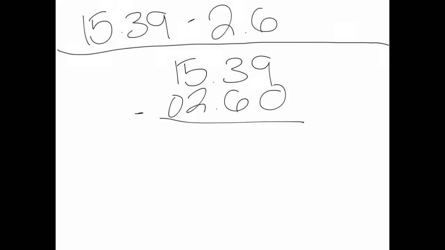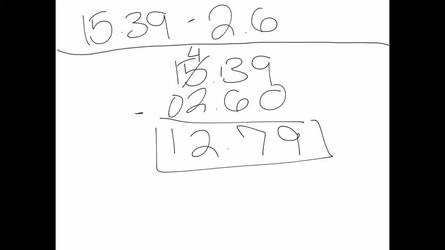So once we have this step, you just subtract as normal. 9 minus 0 is 9. 3, you can't subtract 3 minus 6, so we have to borrow from the 5. 13 minus 6 would be 7. 4 minus 2 would be 2, and 1 minus 0 would be 1. And there is our answer, and we are done.